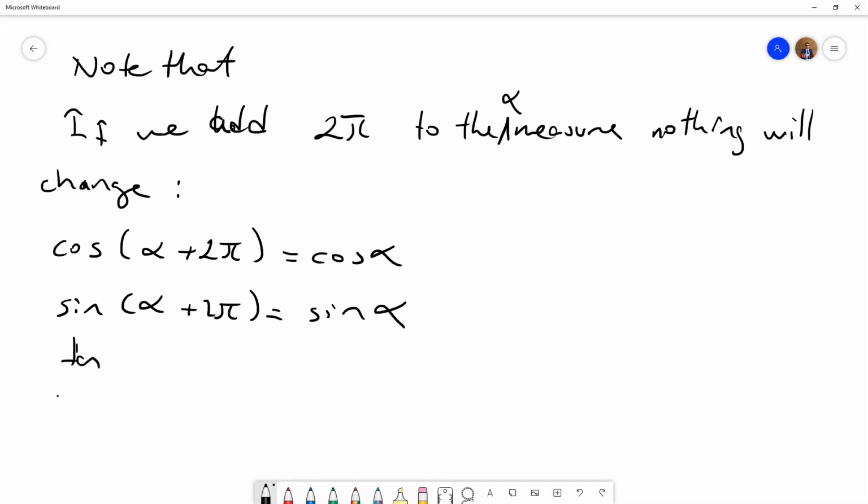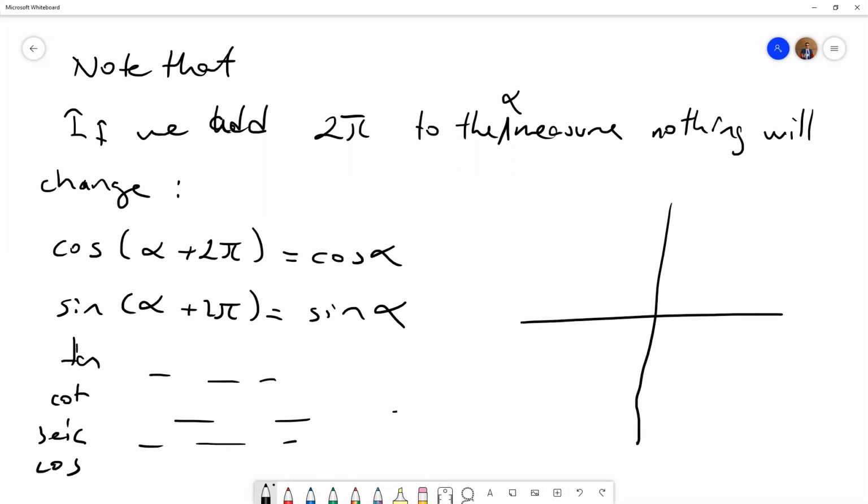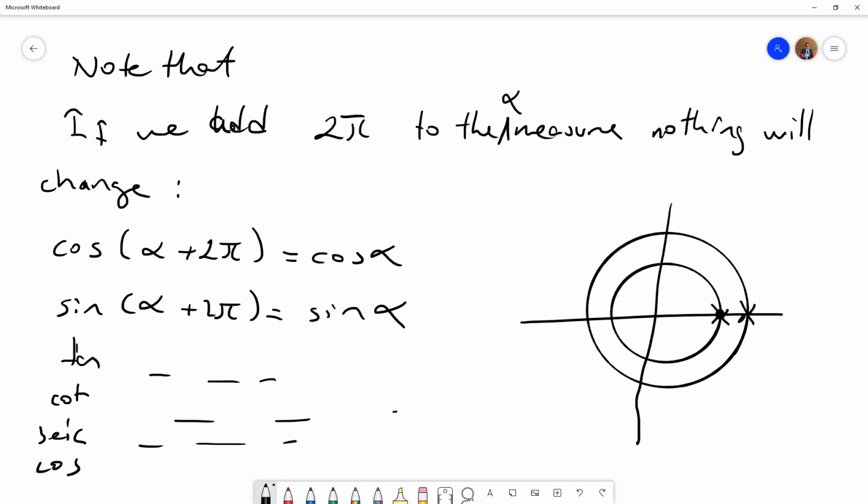Also, for the other ones, secant and cosecant, they are the same, because if we go counterclockwise 2pi, we will be at the same position as the first position. Let's say we are here and we are going counterclockwise. You see, when we measure 2pi, we come back at the original position. So the answers are the same.